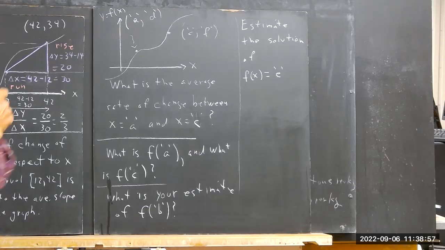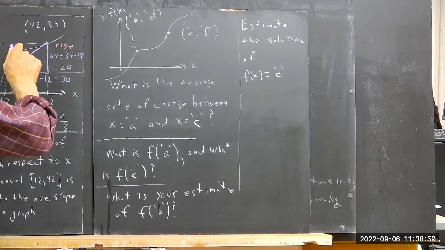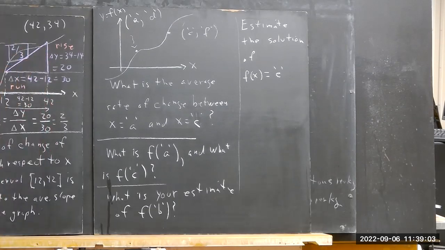I'm going to put slope, which is 2/3, in a box right here. So when I look at this, I know that I've calculated the slope, and if my calculation's correct, it's 2/3. That's the average rate of change of f with respect to x on the interval 12 to 42.